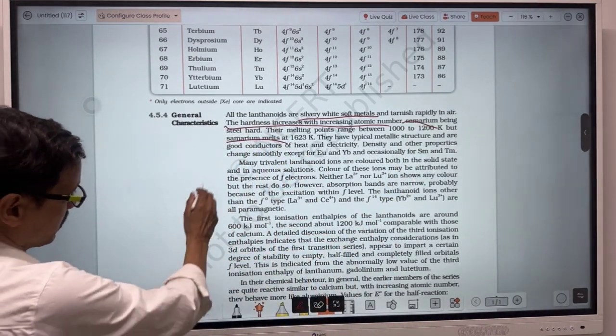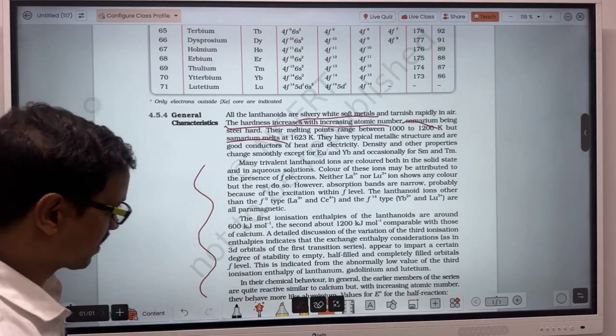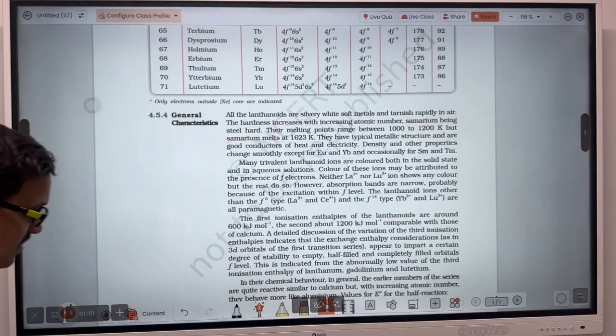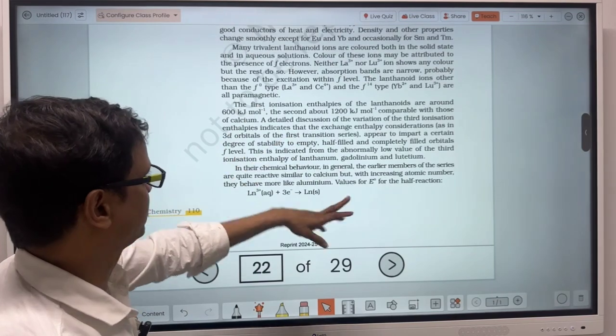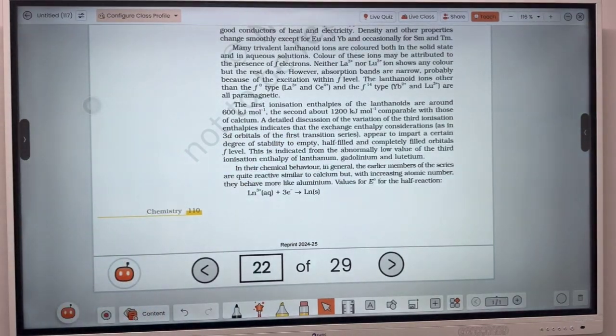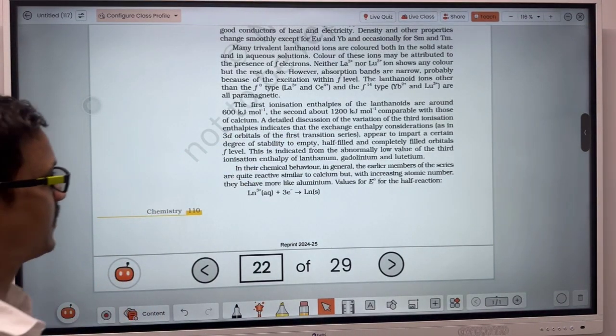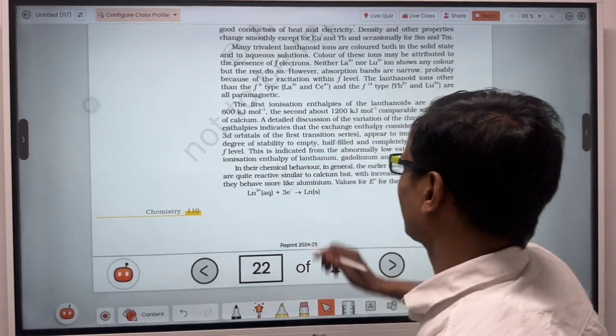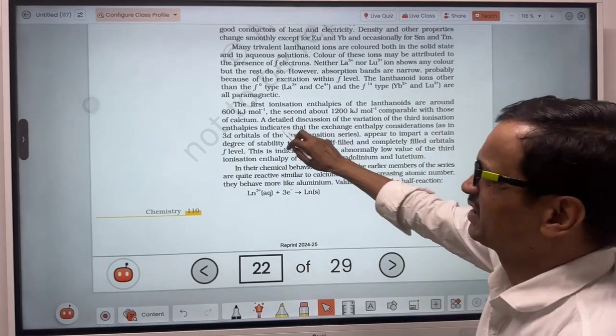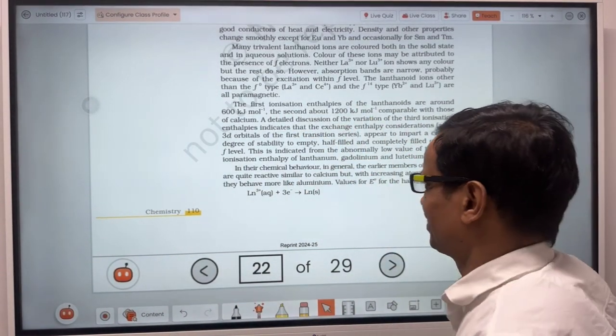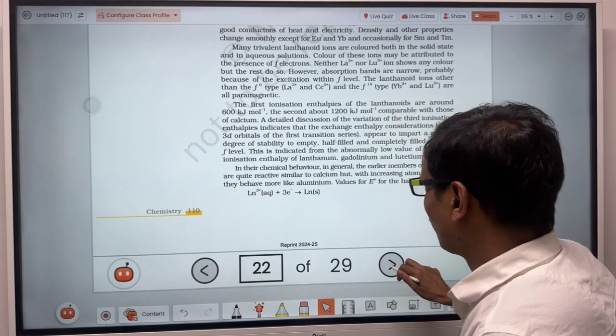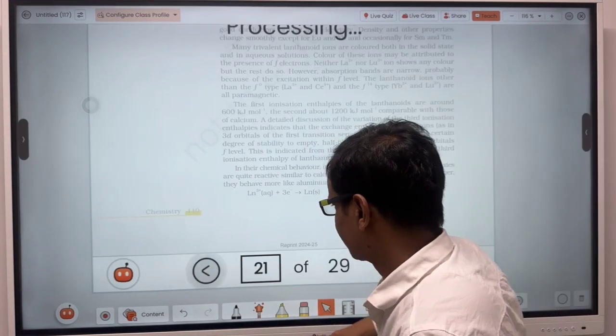The other characteristics you can study by yourself. These are mostly information based, so when you study them, you will understand very easily. There is no need to mug up the first ionization enthalpy of lanthanoids.